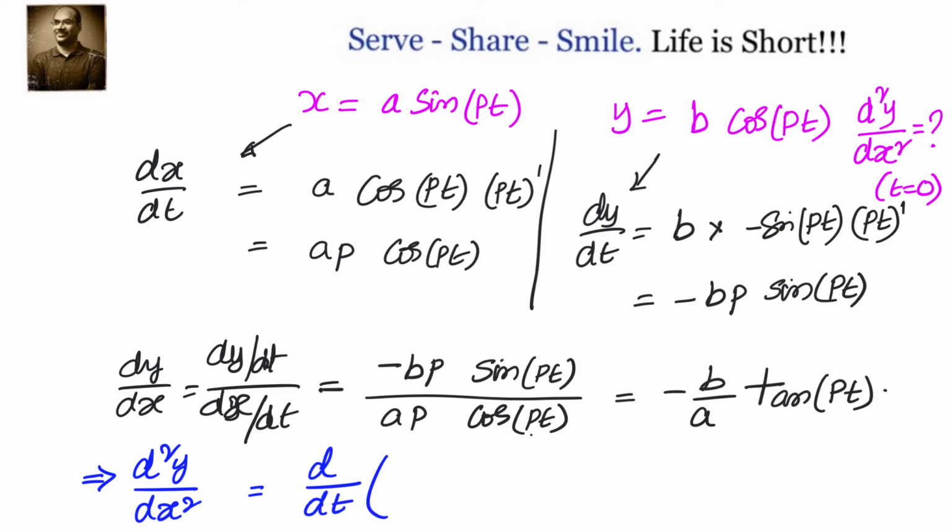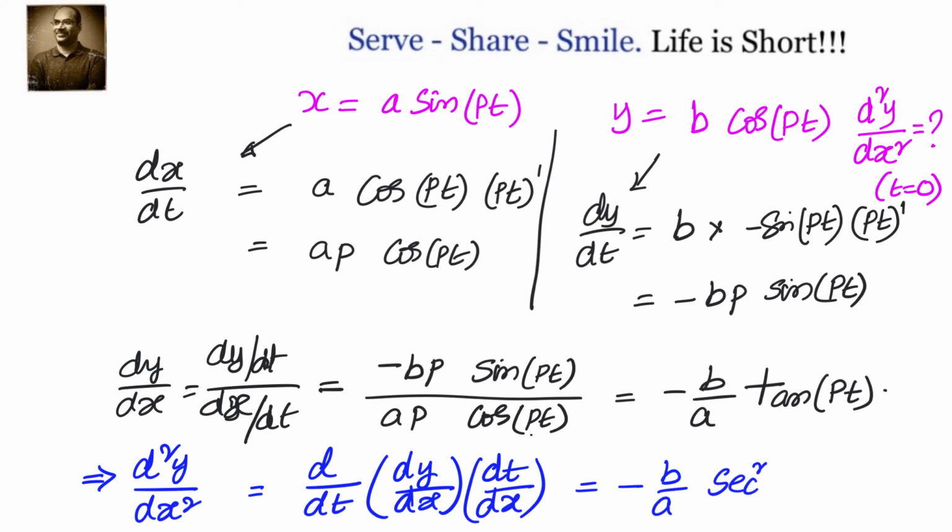How do we do that? That will be d by dt of dy by dx, multiplied with dt by dx. So just remember that once you have dy by dx in terms of the other parameter, basically t, then differentiate that one more time and multiply that with dt by dx.